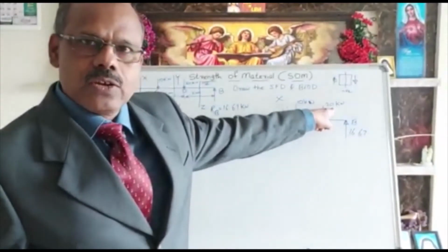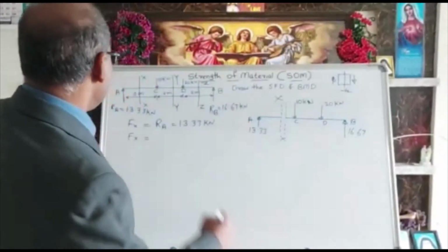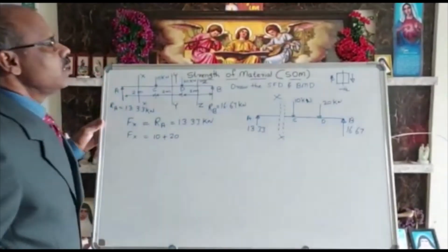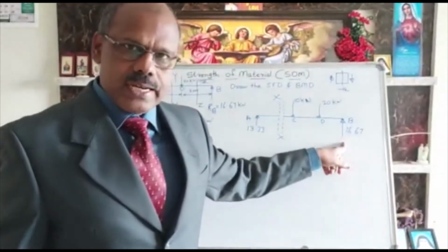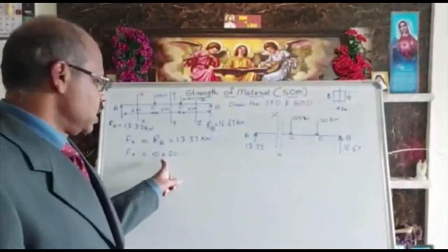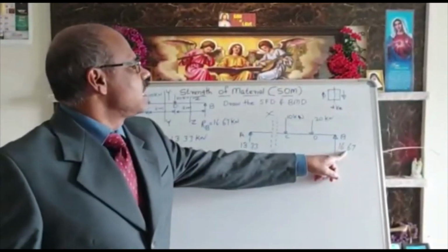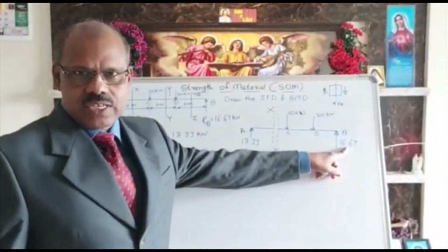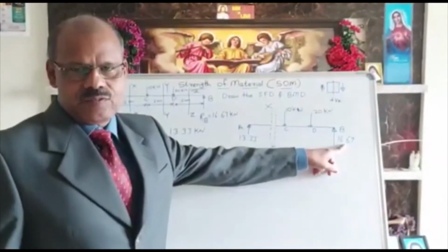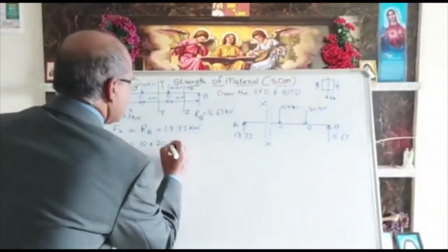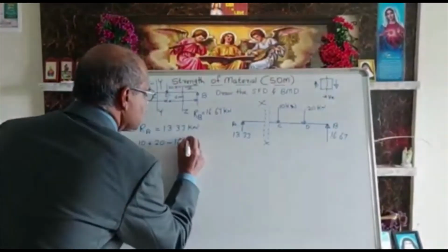As well as 20 kilonewton is positive. So we have plus 10 kilonewton plus 20 kilonewton. But RB, 16.67, is going up at the right side, and going up at the right side means it is negative. So this will become minus 16.67.